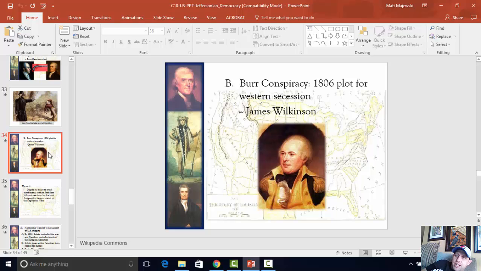After killing Hamilton, he goes down to the southwestern states, Mississippi, Louisiana, and he actually tried to encourage them to secede from the government, make him the president, and maybe ally with Spain. Ultimately, the governor of Louisiana, James Wilkinson, makes this public as well, exposes Burr, and eventually Burr is arrested and later removed from the country.